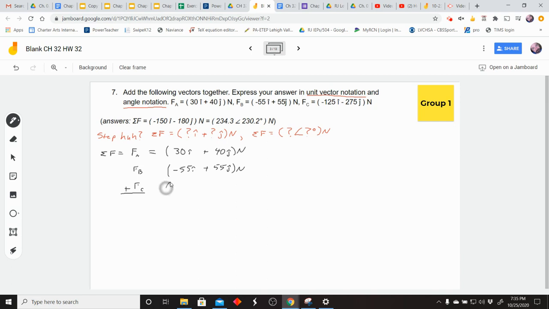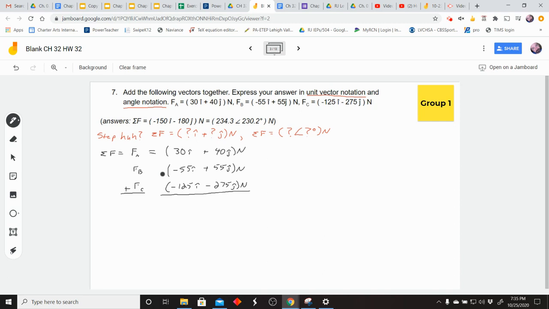And then F sub c is minus 125 i hat minus 275 j hat. And the way you actually add these guys is just add them straight down, keep the i's separate from the j's. Add all the i's together, get your i hat part, add all your j hats together, get your j hat part, and see what you get.